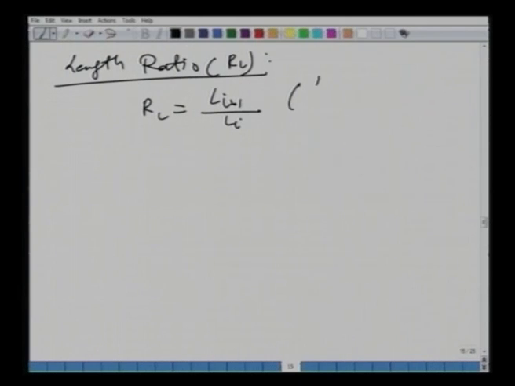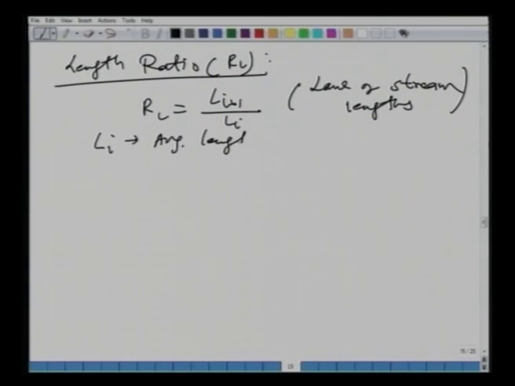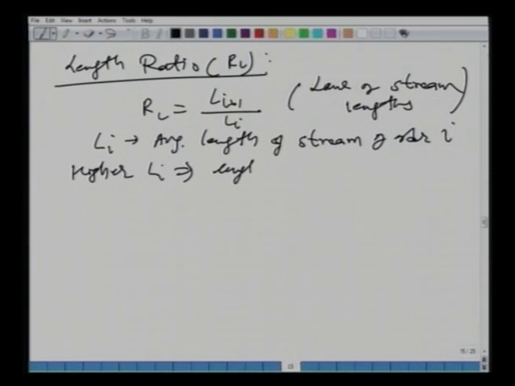It is also called law of stream lengths, where Li is the average length of stream of order I. Similarly, we can argue that higher RL would mean the length of the downstream channels is higher.